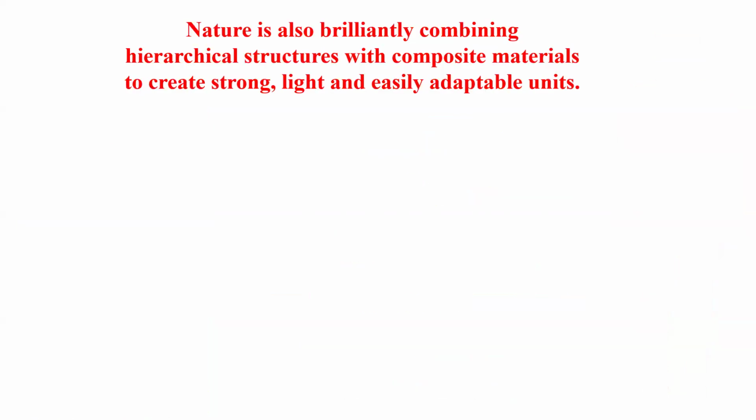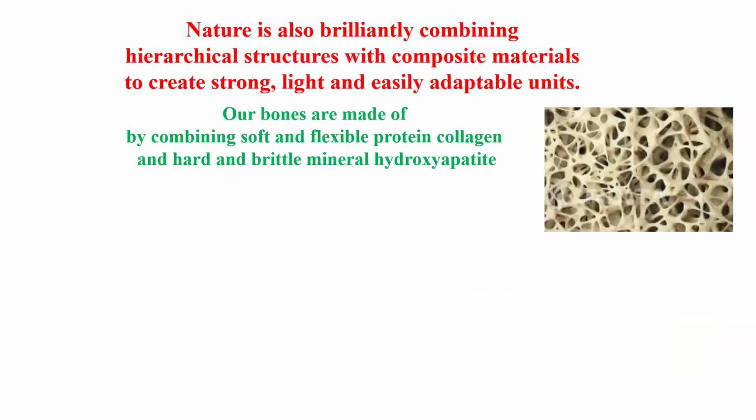So besides that, nature also very brilliantly combines its hierarchical structures with composite materials, and this makes the material even more strong. One example is the bones carrying our bodies.